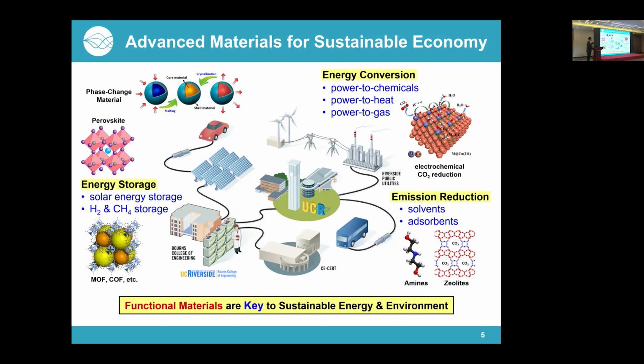For example, for energy storage, you may use phase-change material for thermal storage, you may use perovskite or MOF to store hydrogen or methane. For energy conversion, you may use a catalyst. For emission reduction, you have to use a solvent or adsorbents to get rid of the undesirable emissions.